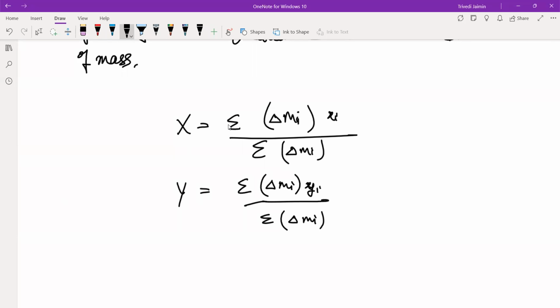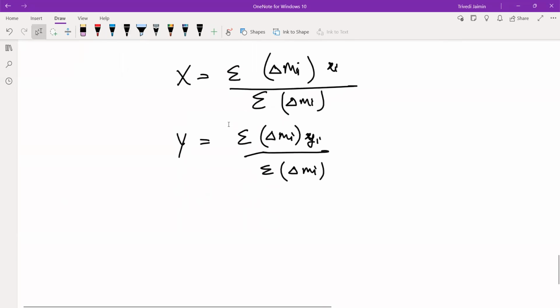We cannot cancel here, because it's summation of multiplication. So this summation we are going to change to integration. Summation of delta mi becomes integration of dm.